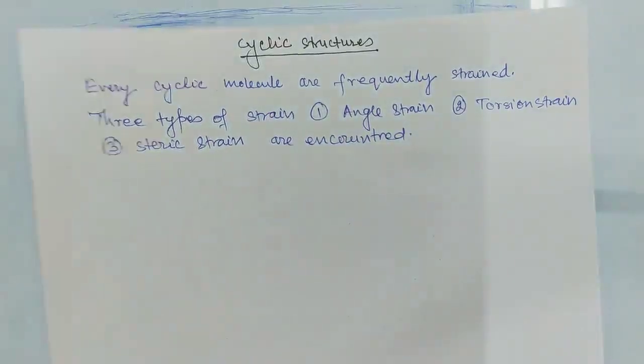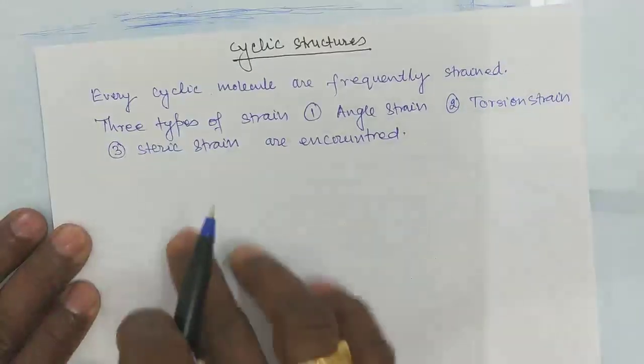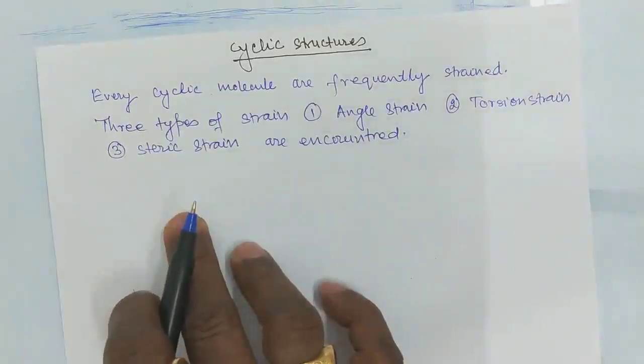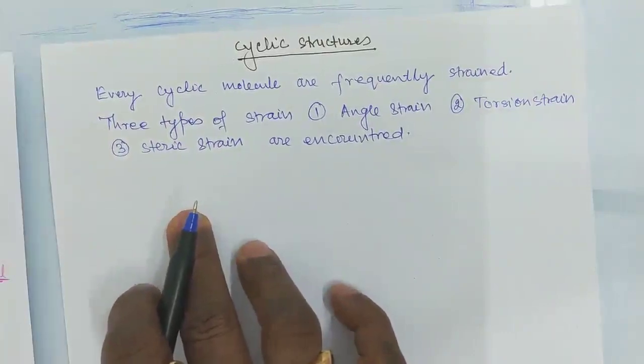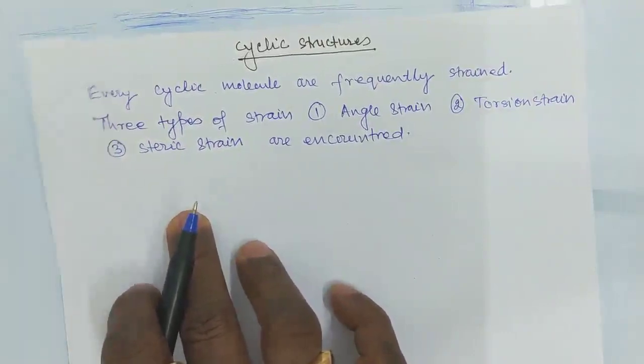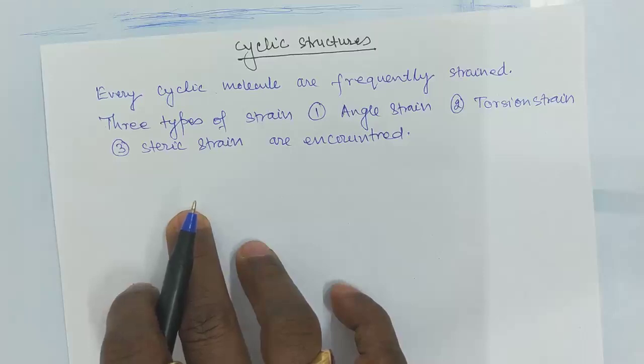So we should know what are these strains: angle strain, steric strain, torsion strain. At least we should know.